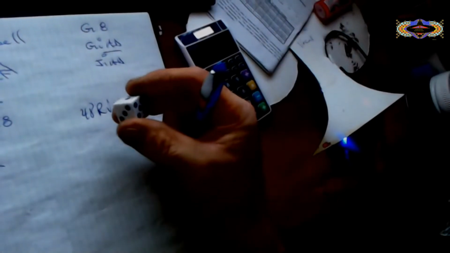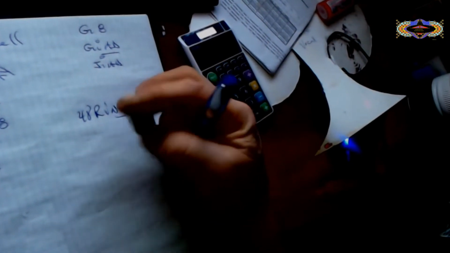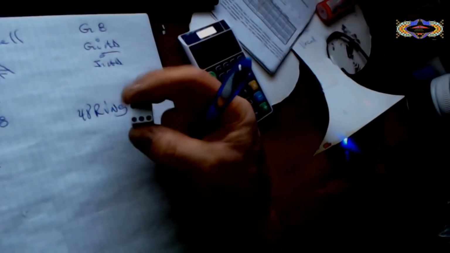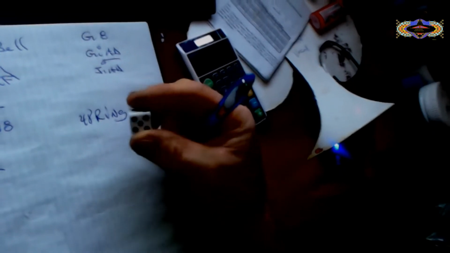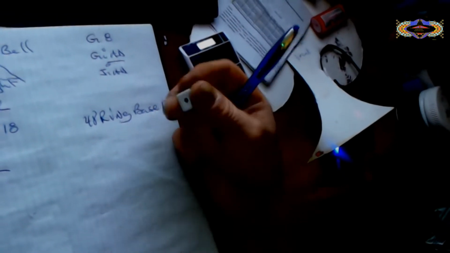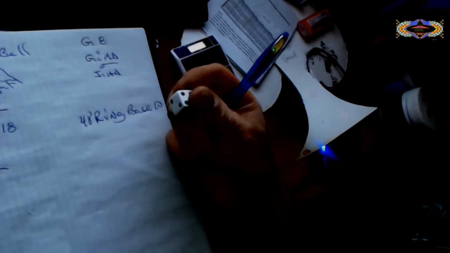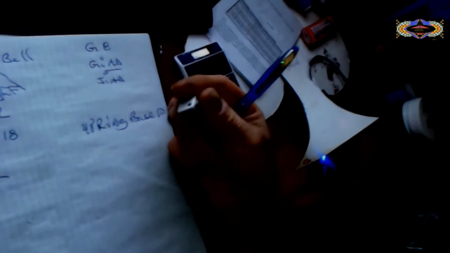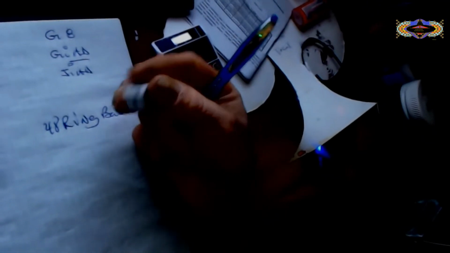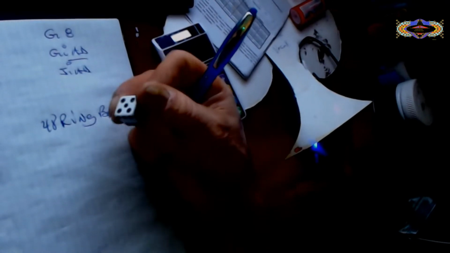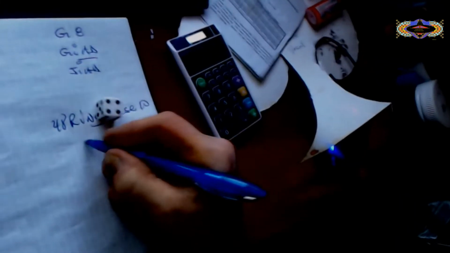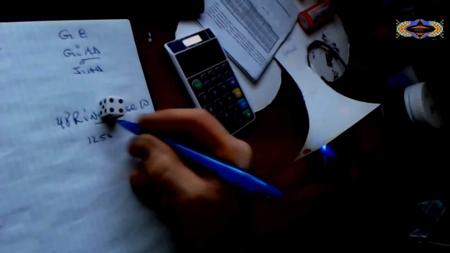It cannot, because I cannot do 1, 2, 3, 4. Can I do it? No, I can't. Let me go again. You see, I can't even go 1, 2, 3. I can go 1, 2, 5, 6 is the ring.